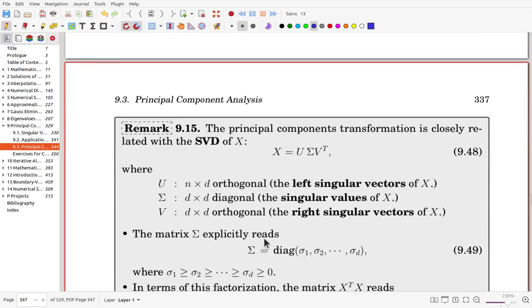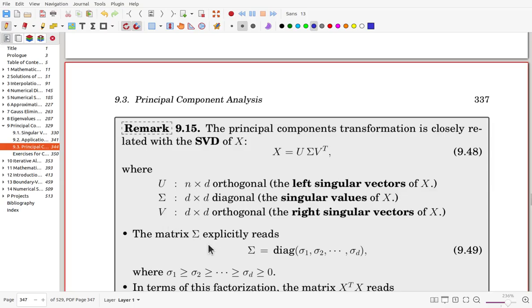Okay, we have a remark. The principal components transformation is closely related to the singular value decomposition of X. We have the singular value decomposition of X, where U is the left singular vectors, sigma is the diagonal matrix of singular values, and V is the right singular vectors.